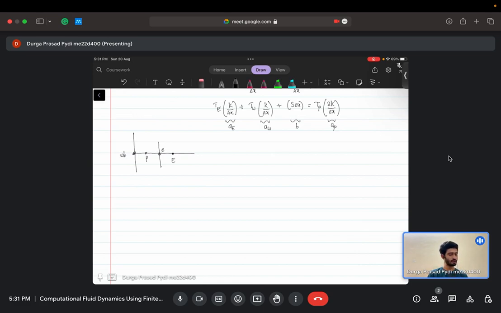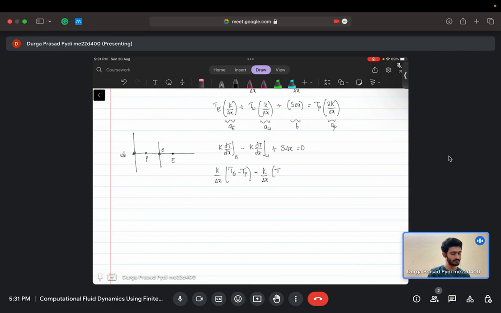Now when we try to apply the same equation, k times dT dx on the east face minus k times dT dx on the west face plus S times delta x equals 0. On the east face it is again straightforward, it's k by delta x, and if we take a linear approximation it's T minus Tp. Now on the west face we can write it as k over delta x.